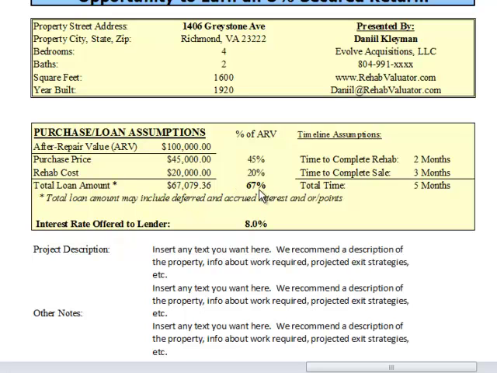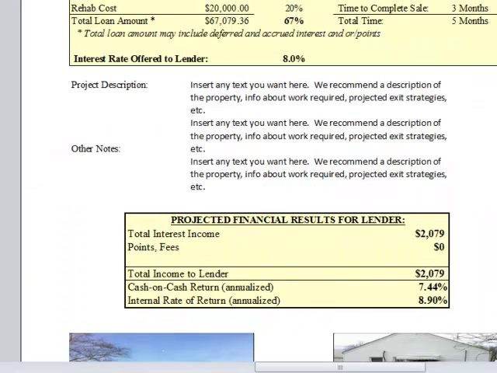So look, you're showing immediately your private lender, look, I'm only looking to borrow 60%, 67% of the value of the property after I renovate it. It's a very low loan to value by conventional lending standards. It's going to take me 5 months to repay you, and I'm offering you an 8% rate of return. And here is the actual amount of money that your private lender will make over the course of 5 months, and their annualized rates of return.